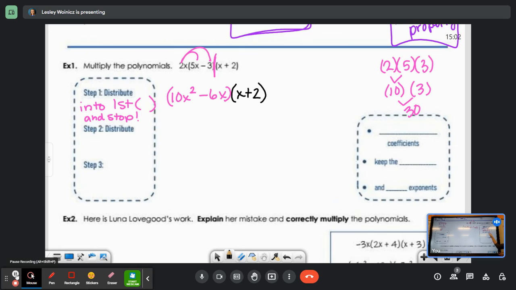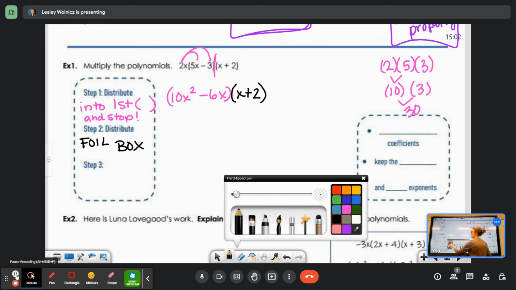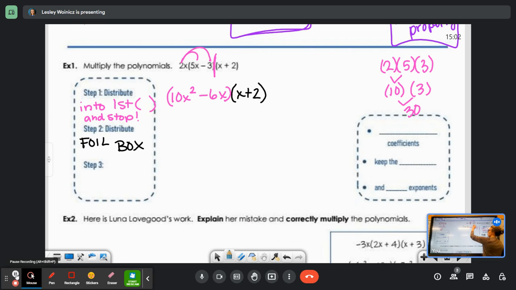Okay, now this looks like the stuff we did yesterday. Okay, so our second step is to distribute. You can either use FOIL or you can use a box. So we do first times first. That gives us 10x cubed. Now we do the outside terms. 10x squared times 2 gives us 20x squared.